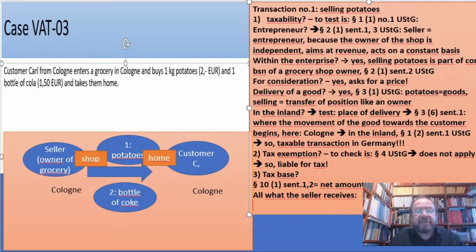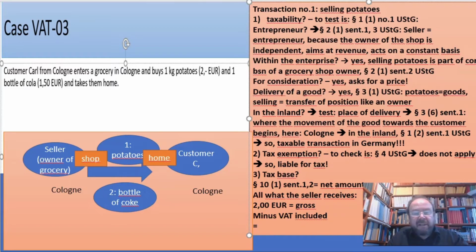And that is here €2, the gross amount, minus the VAT amount included therein. And then that is the net amount. And let me just guess, potatoes will be 7% under the reduced rate. So the net amount will be €2 divided by 107%.